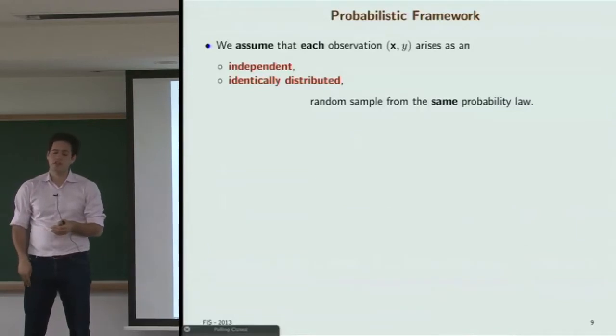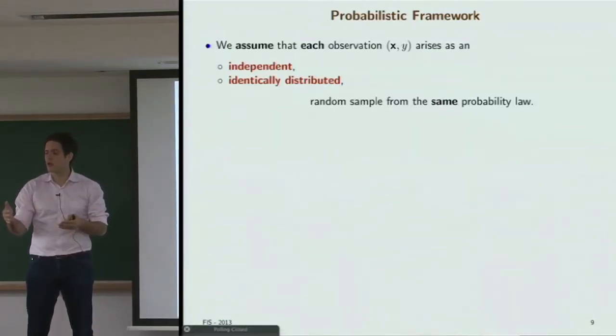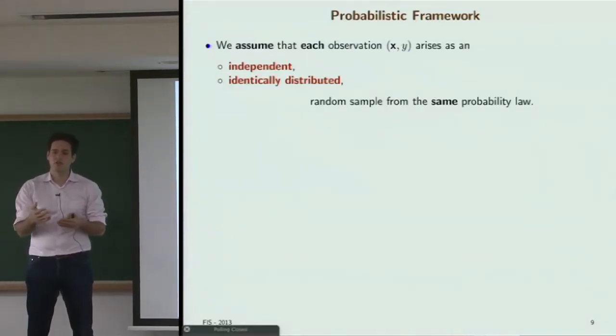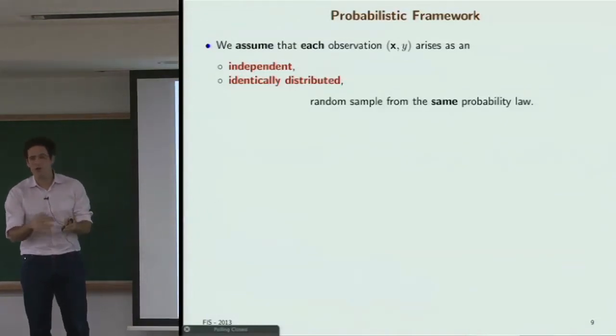So if I just take a coin and start drawing tails and heads, the fact that I have drawn 20 heads in a row should not influence the fact that the 21st will be a head or a tail, right? There is absolutely no statistical relationship between the 20th draw and the 21st, okay? So this is the independence.